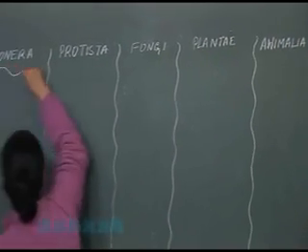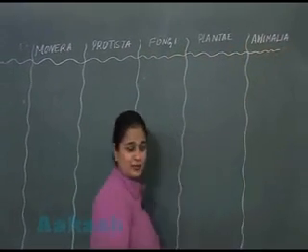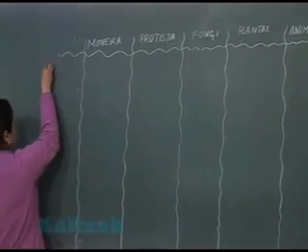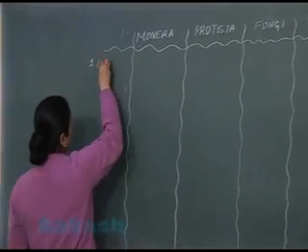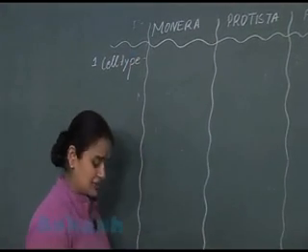So we have to perform a comparative study between these 5 kingdoms on the basis of certain characteristics. First characteristic which I will deal with here is cell type.